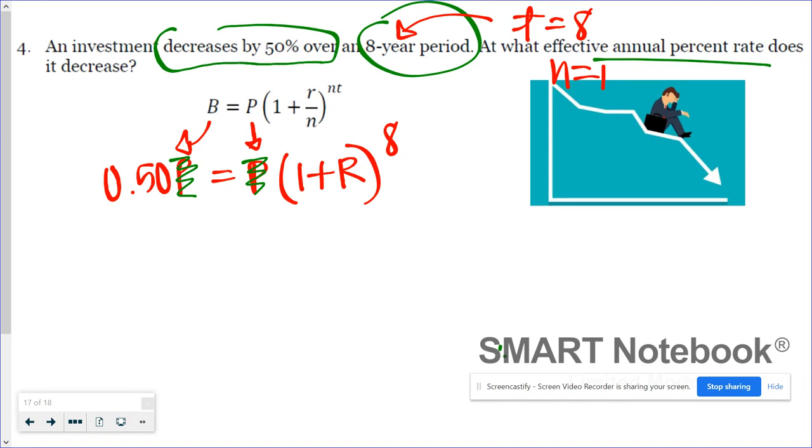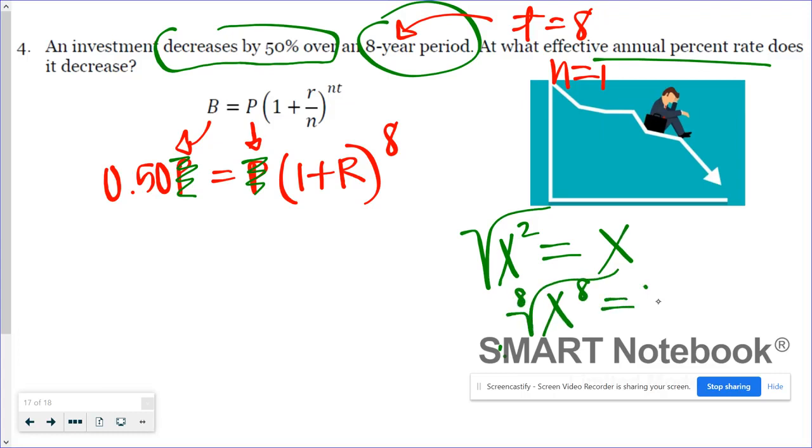Now how can I undo raising something to the 8th power? It's going to sound weird, but I can take the 8th root, because you know how if we have something squared, we can take the square root of it. Well, if I have something to the 8th power, I can take the 8th root of it to undo that.